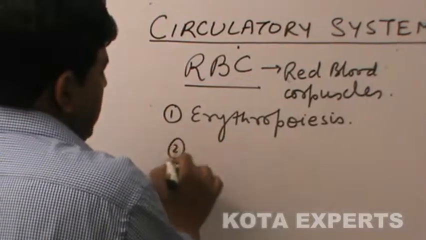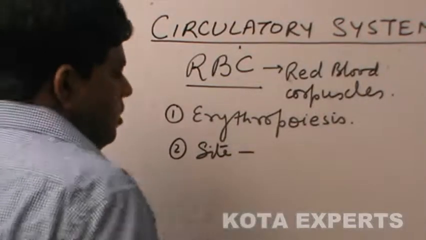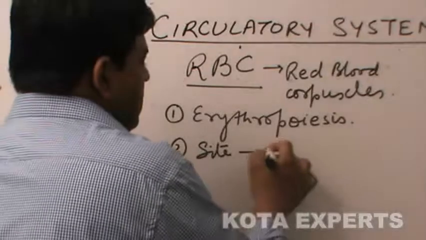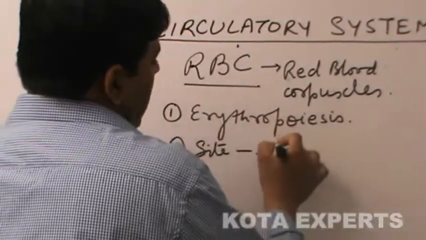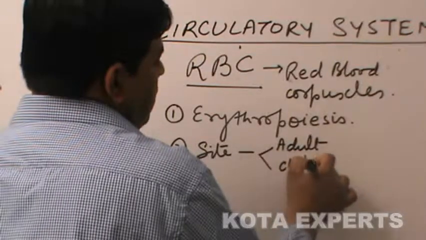Now second point about the RBC, the site of formation. The site of formation of RBC in adult and in child.